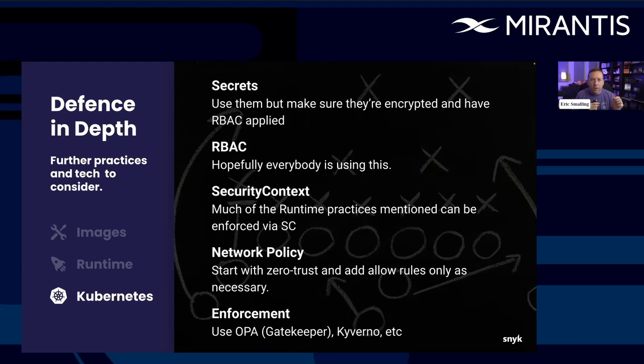And one bit there is, if in security context you say don't let these containers run as root, what the kubelet is going to do is look at the image before it starts the container, and if it determines that the UID is 0, it will block it. But it'll also block it if it can't figure out what the UID is.